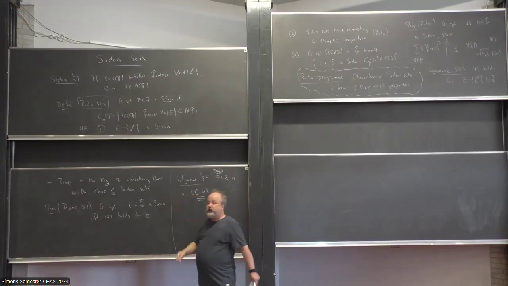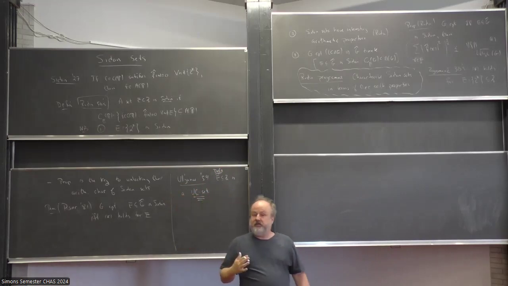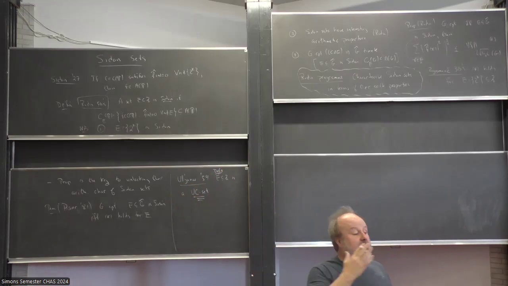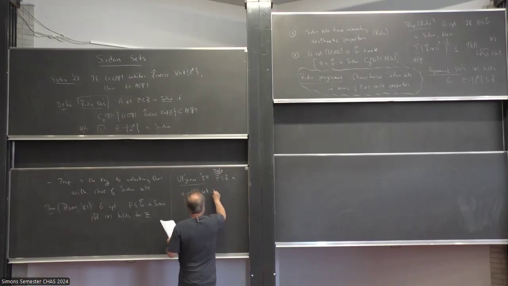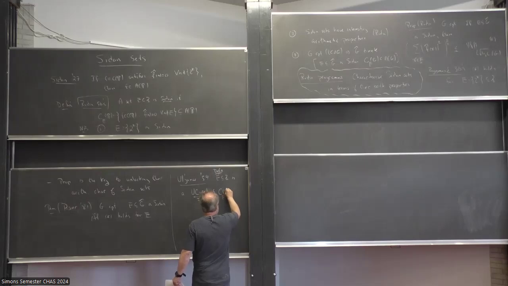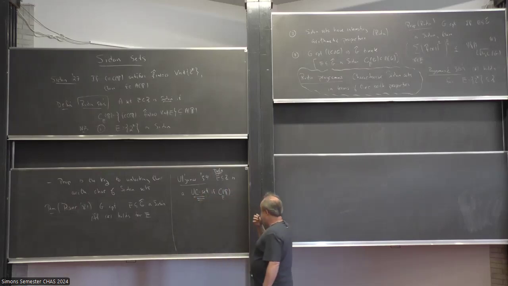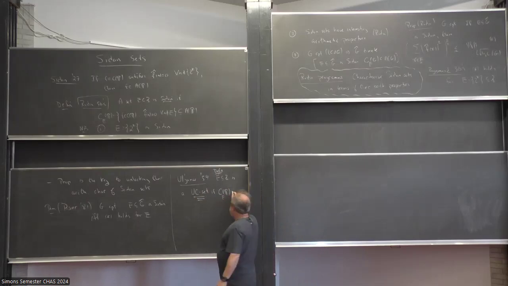UC stands for uniform convergence, instead of an absolutely convergent Fourier series. So E is a UC set if I take any continuous function that is Fourier supported in the spectral set, instead of requiring that it automatically has an absolutely convergent Fourier series, I'm just going to require that it automatically has a uniformly convergent Fourier series.